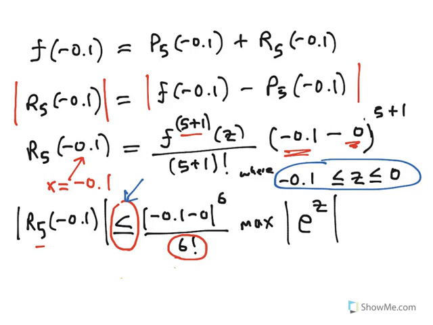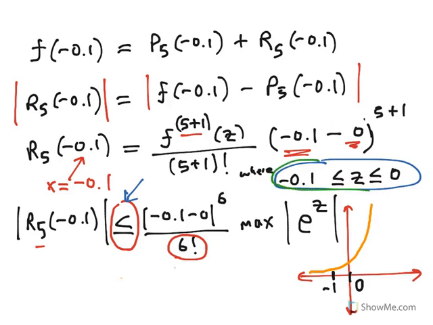Now we need to consider the function e to the x. Let's look at the graph of the function e to the x. The graph of e to the x looks like what I just sketched here in gold. And here is, of course, x equals 0, and here I have something like x equals maybe negative 1. And you can see that e to the x is an increasing function.